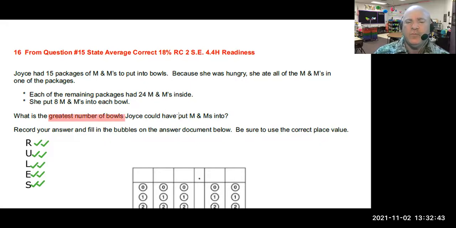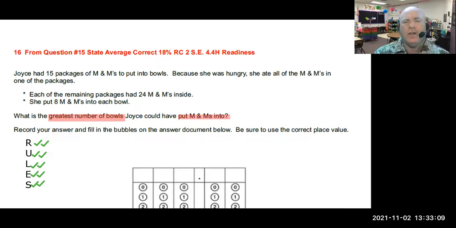So she's putting M&Ms into bowls, okay? And so it sounds like she's taking some amount of M&Ms and putting them into bowls. Right away, my brain is thinking those words are different. The number of bowls and the number of M&Ms. So I'm thinking that we're going to be dividing, because it sounds like we're taking them.